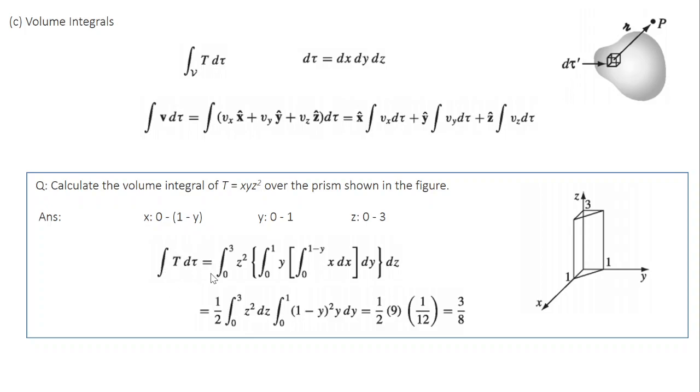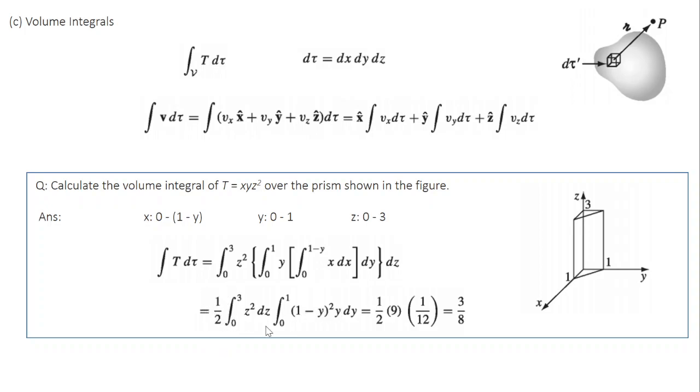Now volume integral T d tau, this is a triple integral with respect to z, integral with respect to y, integral with respect to x. So you can apply the limiting values here. Let's first do the x integration. So integral of x is x square by 2. Apply the limiting values. This becomes 1 minus y whole square divided by 2.